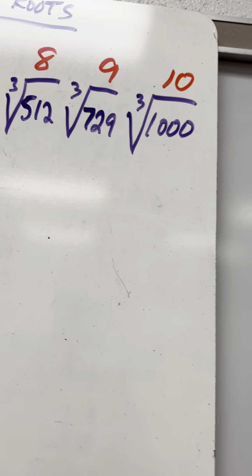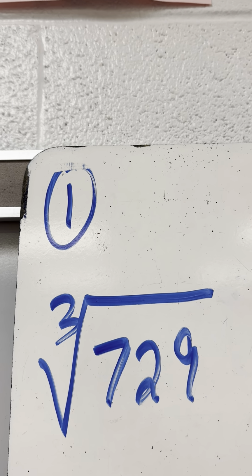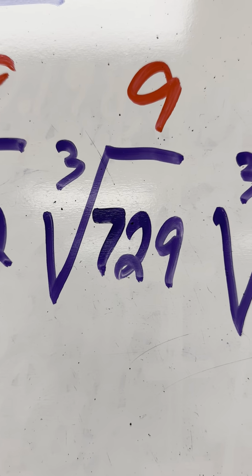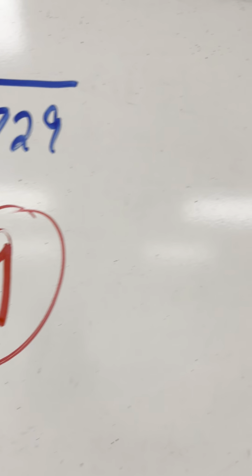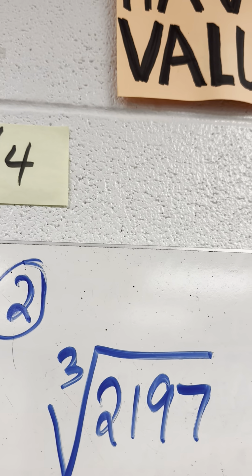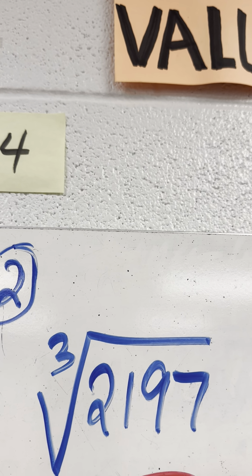Okay? So one type of problem you'll see is, what's the cube root of 729? Oh, well, the cube root of 729 is 9. So that's your answer. What's the cube root of 2197?